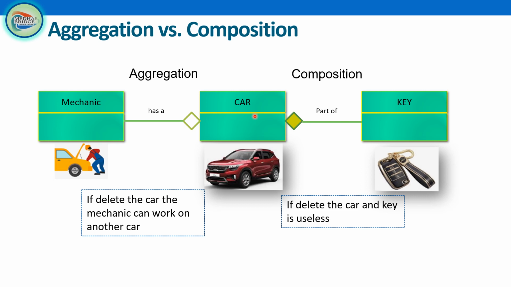So in this parent and child relationship, the child won't exist if you delete the parent. A part-of relationship is a strong relationship in the association.